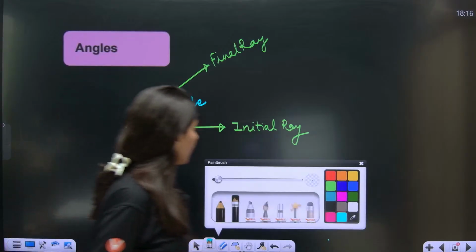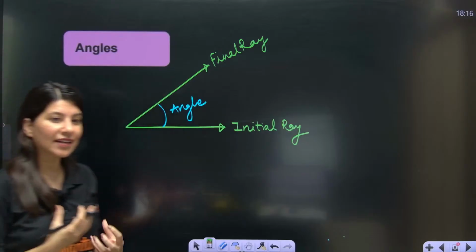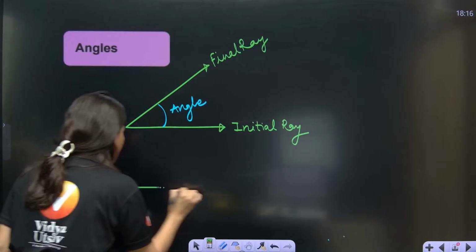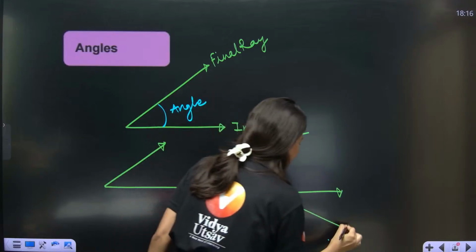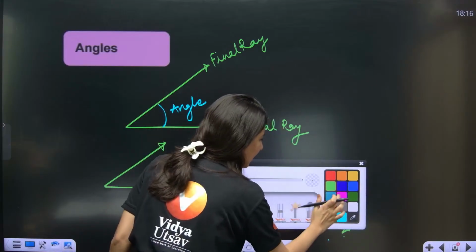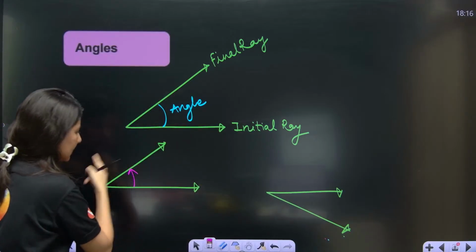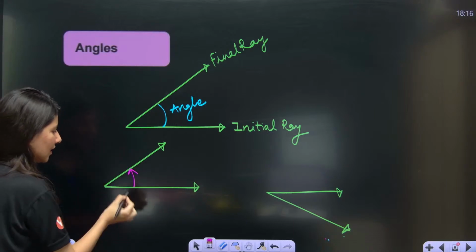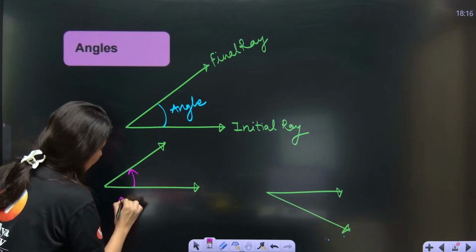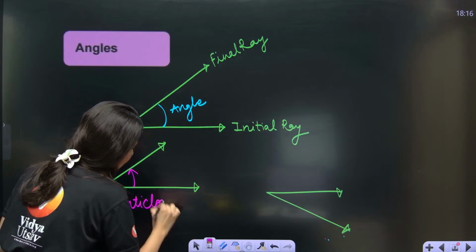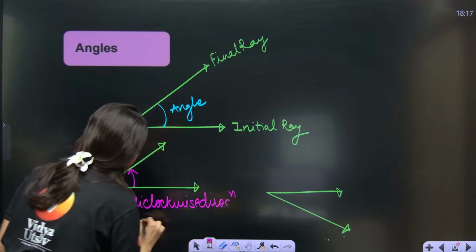Now let's talk about the sign convention of an angle, like when the angle is positive and when it is negative. Suppose I am giving you 2 scenarios. Do you understand clockwise and anti-clockwise? It starts from here and it goes like this. Can you see that this is an anti-clockwise direction? Anti-clockwise direction is always positive.